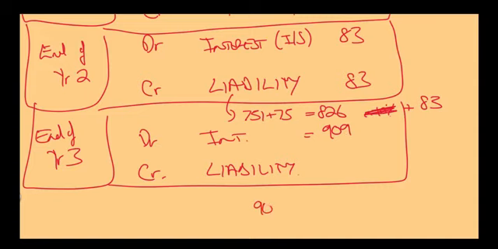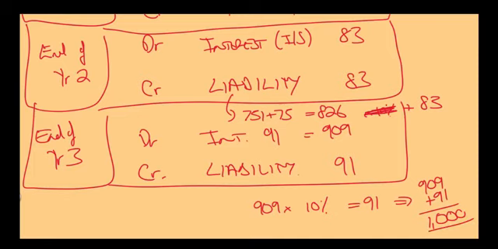So 909 times by 10%, the unwinding of the discount is 91. So debit interest 91, credit liability 91. And then hopefully you can see that therefore the liability at the end is 909 plus the 91 equals my magic 1000, and that's what I'm going to pay off: debit liability, credit cash. So that's how it all works.